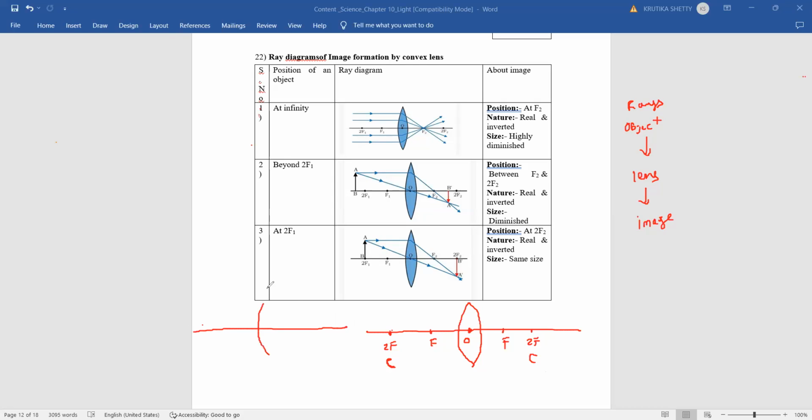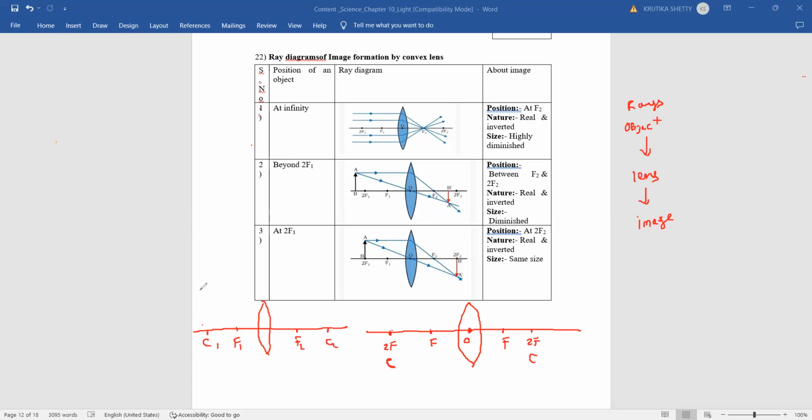So this is the lens. This is the principal focus on the left side and the right side. Similarly, you have 2F. Instead of 2F, in some books they write it as C, which denotes the center. So in some textbooks they may make use of F1, F2, and then C1, C2.